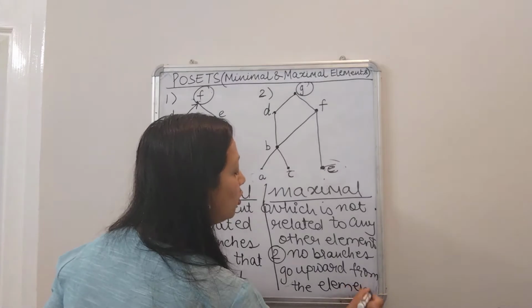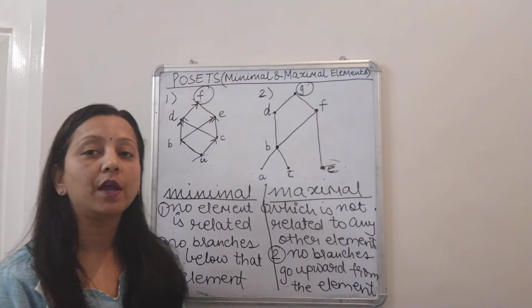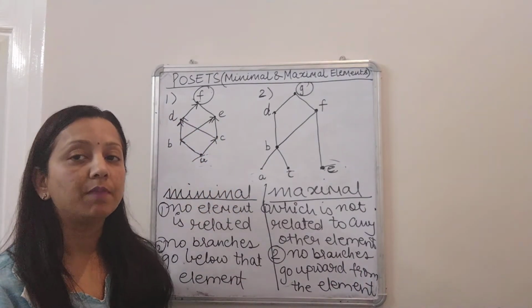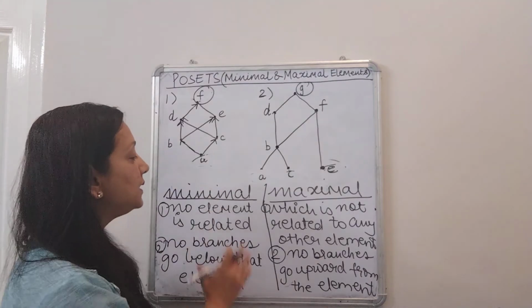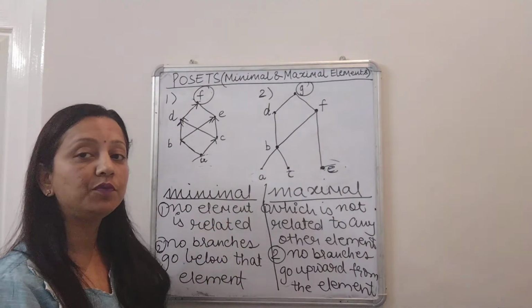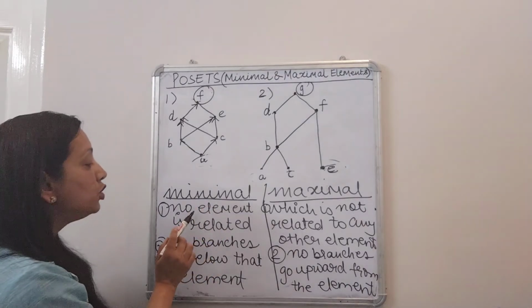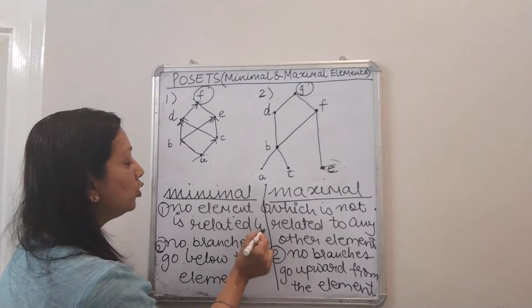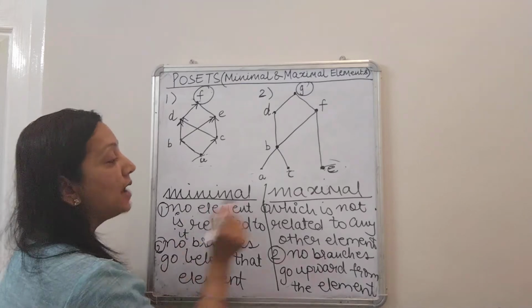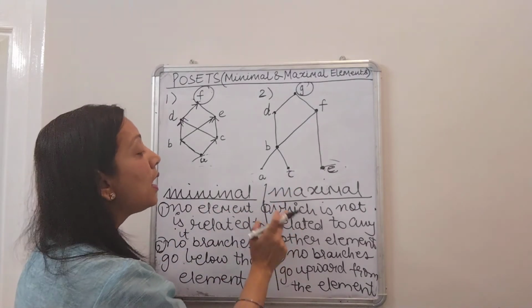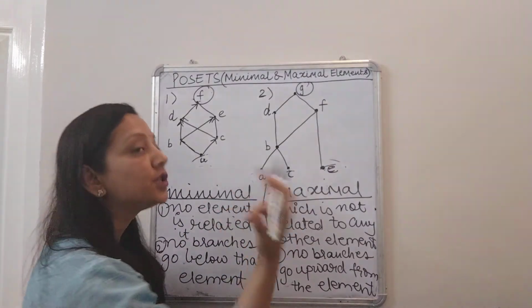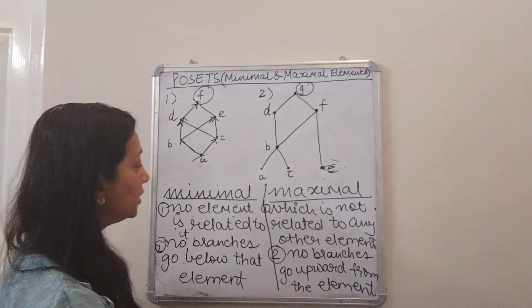So the gist of what we have studied today, the minimal and maximal elements: the first point of difference is that in case of a minimal element, no element is related to it, and a maximal element is one which is not related to any other element.